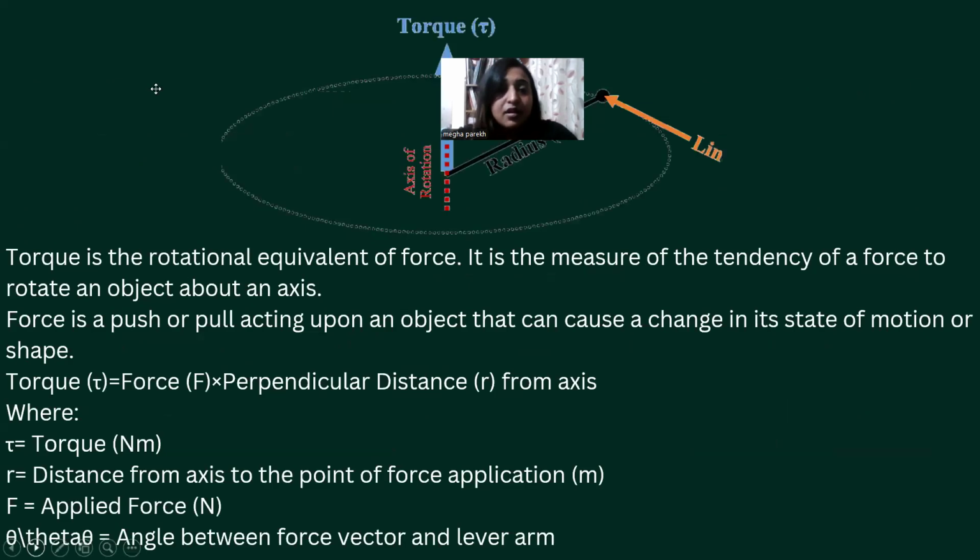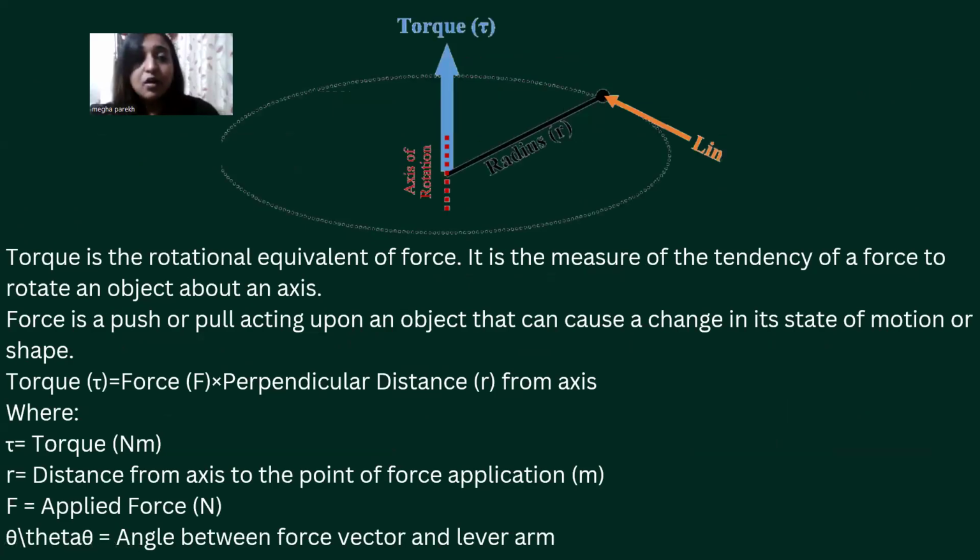Before learning the working principle of the PMMC instrument and the construction of the PMMC instrument, we must know what is torque. We must know what is deflecting torque, what is controlling torque, what is force, what is Fleming's left hand rule.